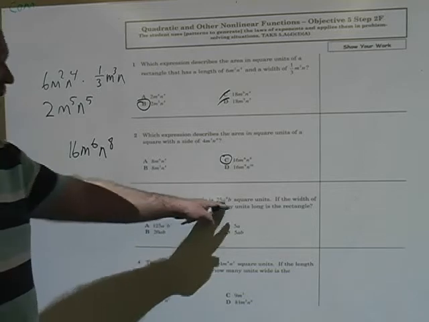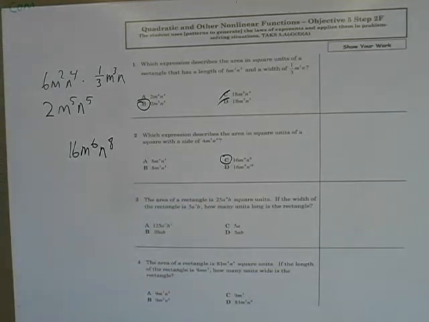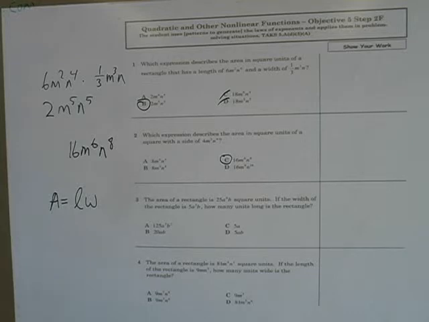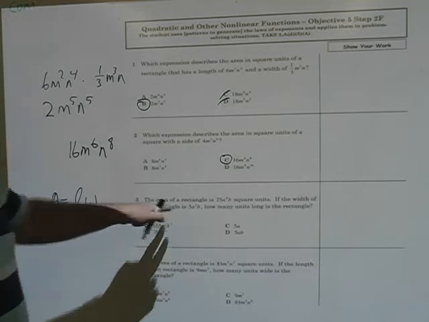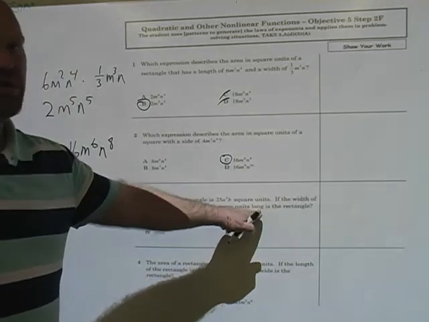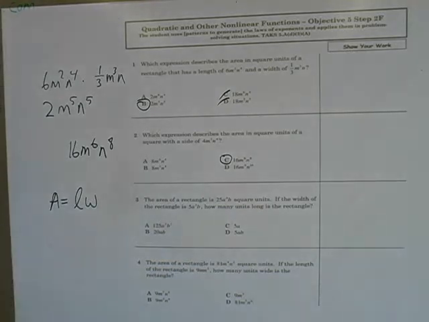The area of a rectangle is this many units. So once again, they're giving us the area of a rectangle, length times width. And then they're giving us the width, and they're asking us how many units long, the length. So here's the area.